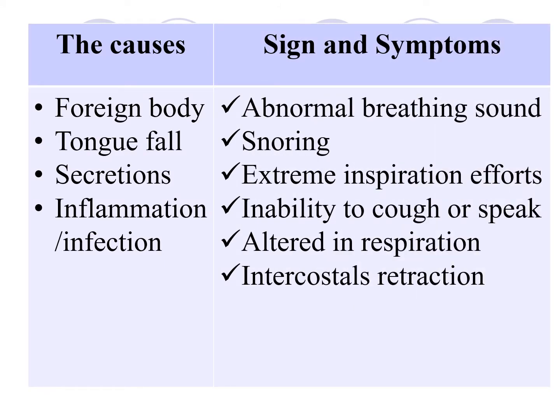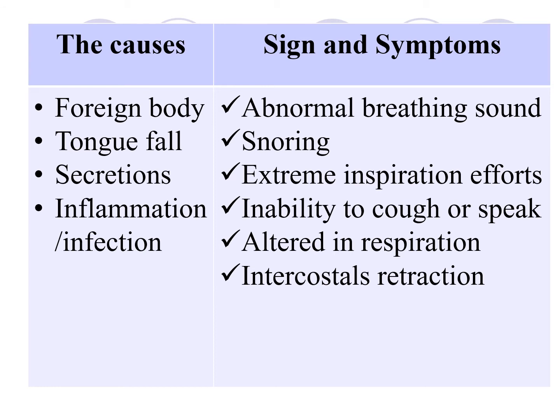We'll come to the causes and the signs and symptoms. The causes for upper and lower might be a foreign body, or the tongue falling back due to relaxation of the tongue and closing the airway. It might be from a secretion, it might be from infection and inflammation.